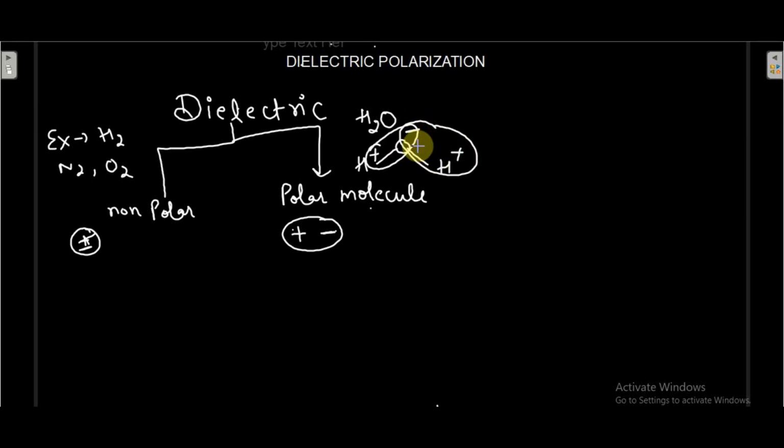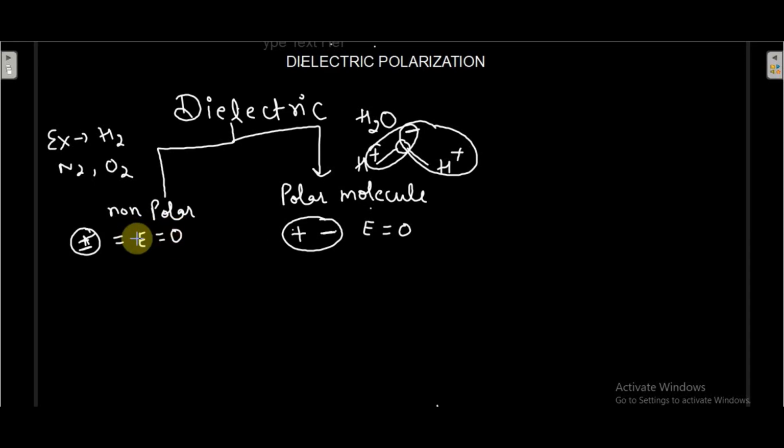The properties of polar and non-polar molecules help us understand the process of polarization. In polar molecules, the positive and negative charges are separated but equal and opposite, so the net field is 0. Similarly, in non-polar molecules the electric field will be 0.